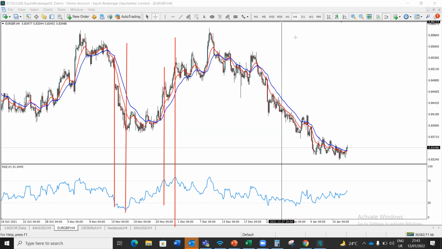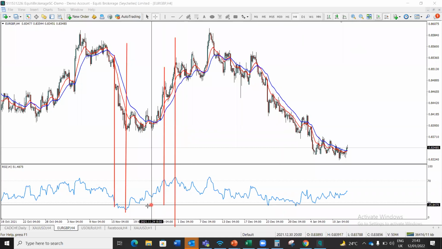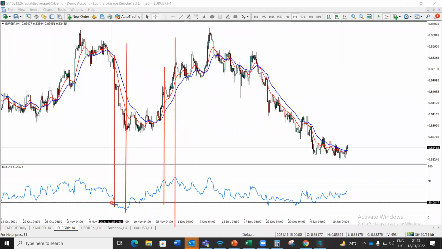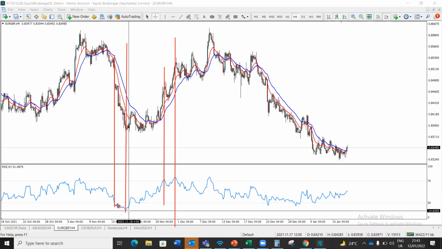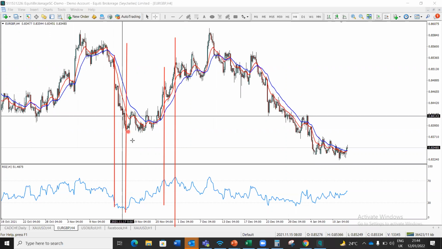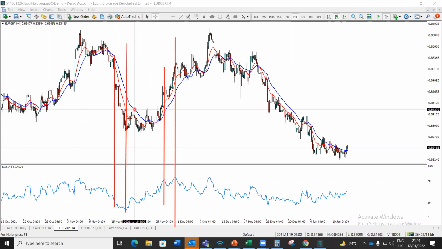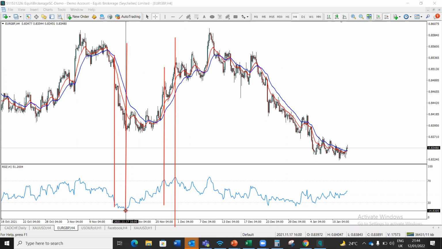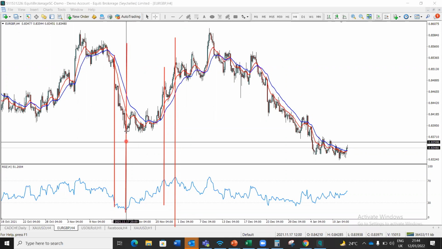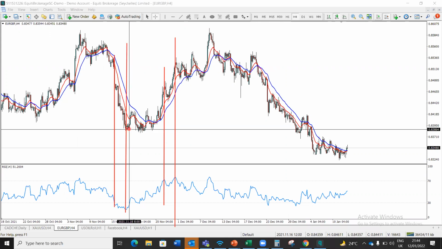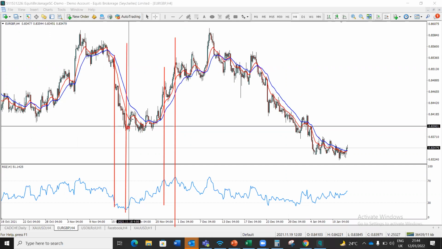Now watch how nicely this played out. When the market got to 30, it broke 30, and below the 30, we were expecting that the strength of the sellers was getting to exhaustion. So buyers would hop in the market and try to push prices up. And that's exactly what happened at this point here. The strength of the sellers finally got exhausted, buyers came into the market and pushed prices up here.